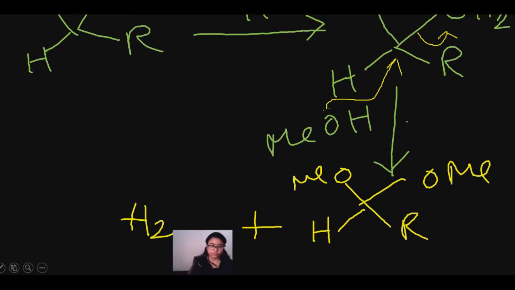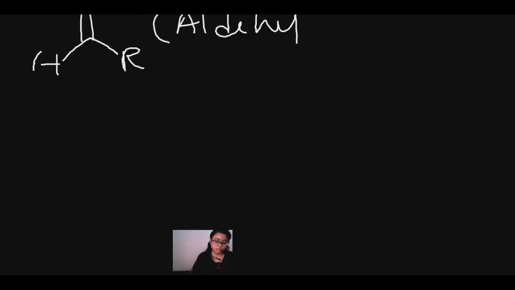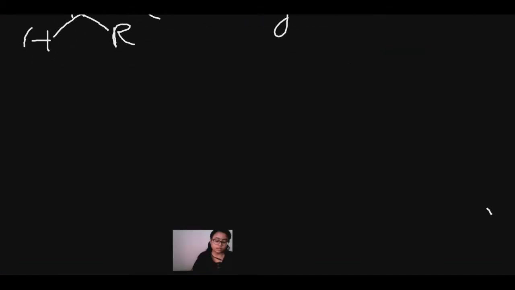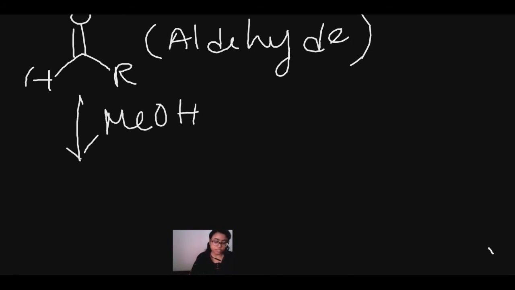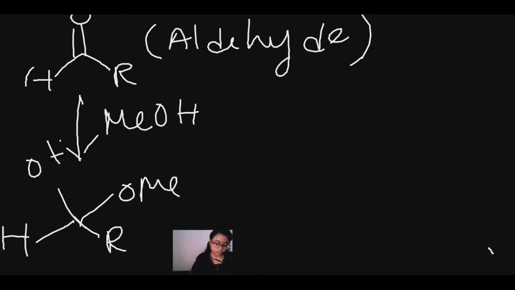So after adding methanol in presence of H plus, or after adding alcohol, they will form OMe and OH. This will be called hemiacetal.